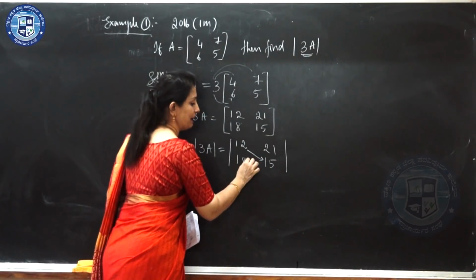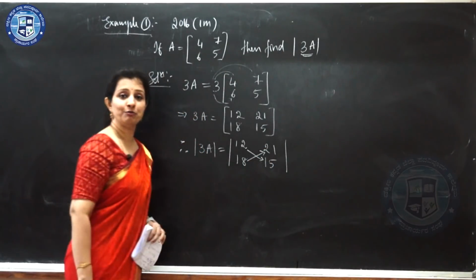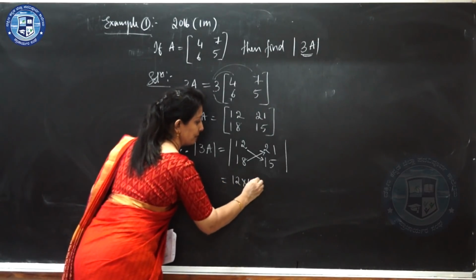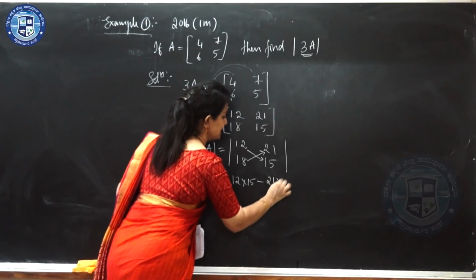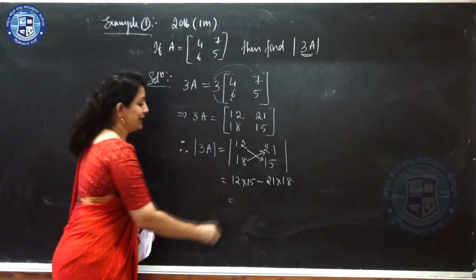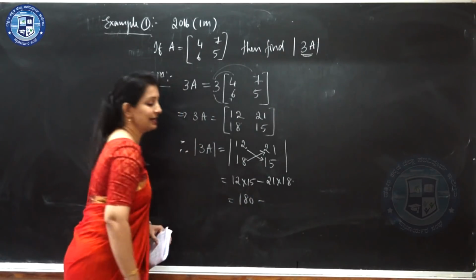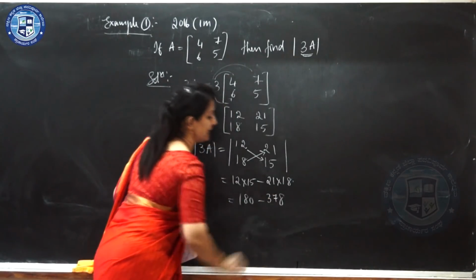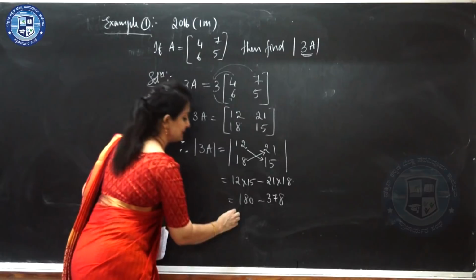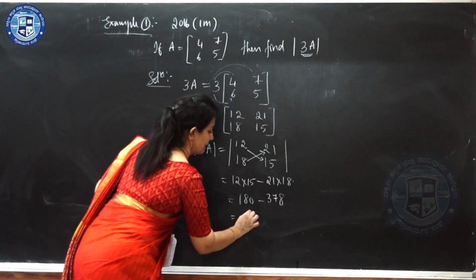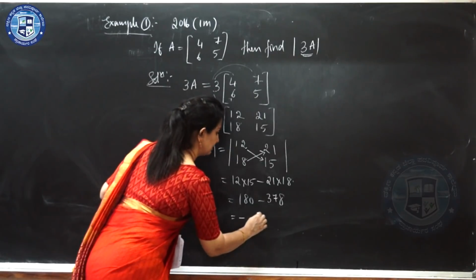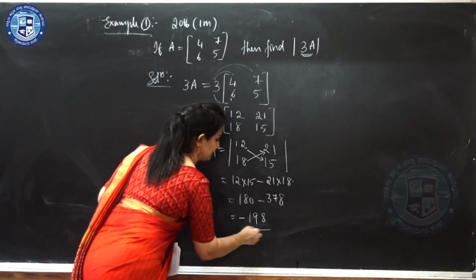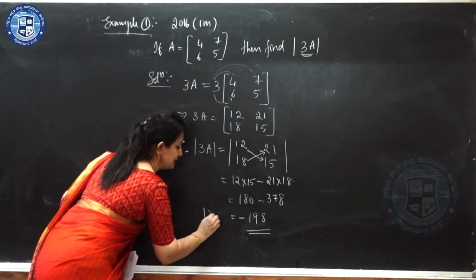Product of diagonal elements minus product of diagonal elements, which is equal to 12 into 15 minus 21 into 18. So, 12 into 15, 180, minus 21 into 18, 378. So, 180 minus 378 is minus 198.